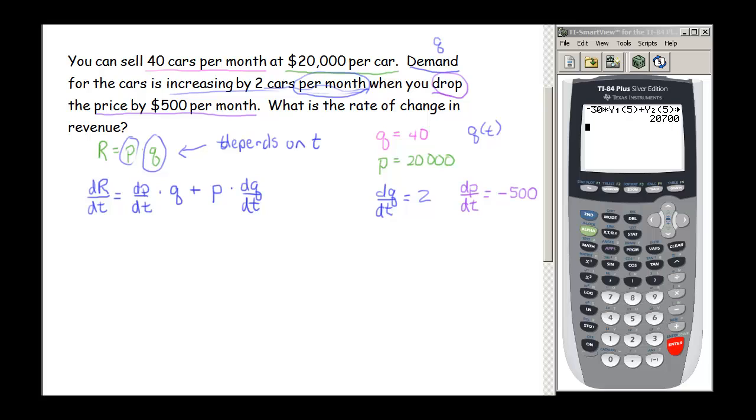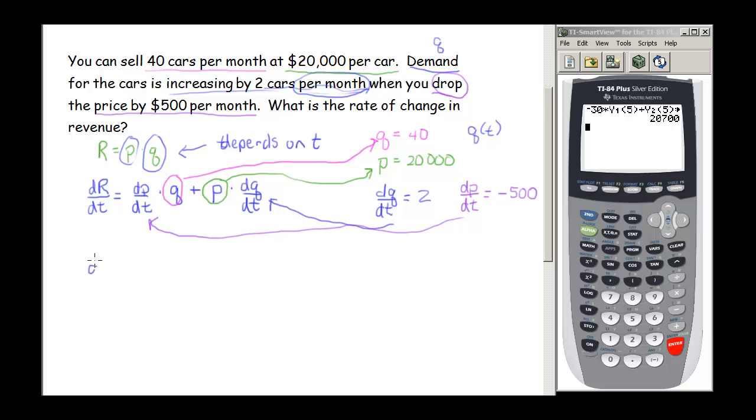Okay, now if we look here, this value here we found right there. This value here, the p, is that value there. The dq dt, that's this value here. And dp dt, that's this value here. Okay, so we're just going to go and plug all those in.